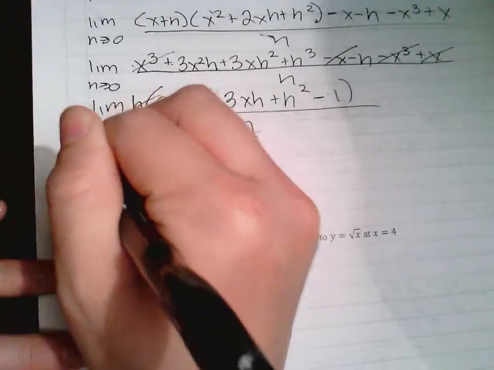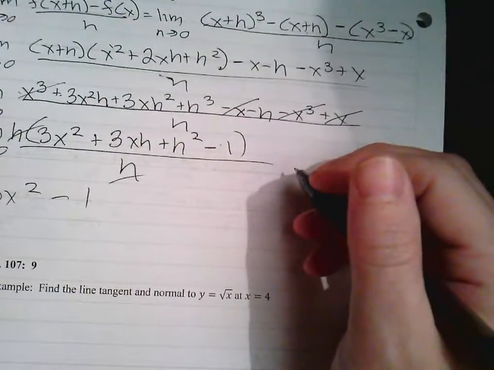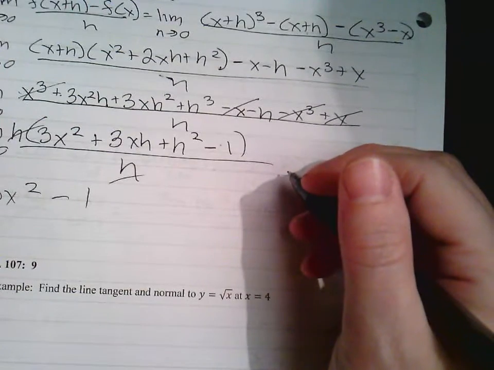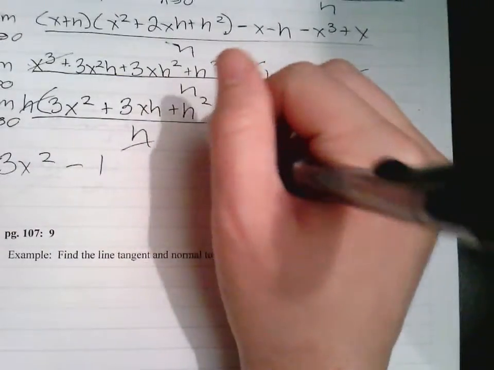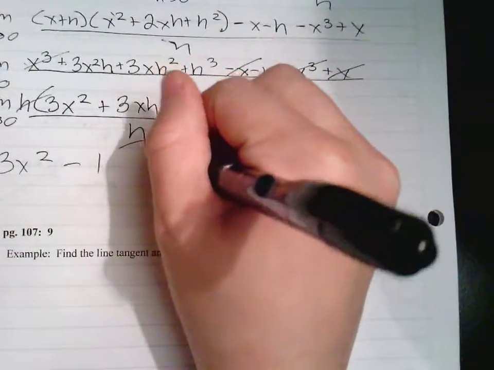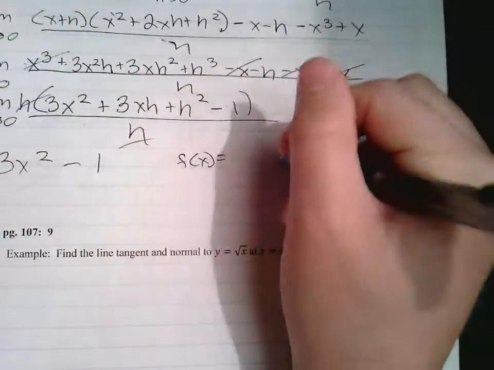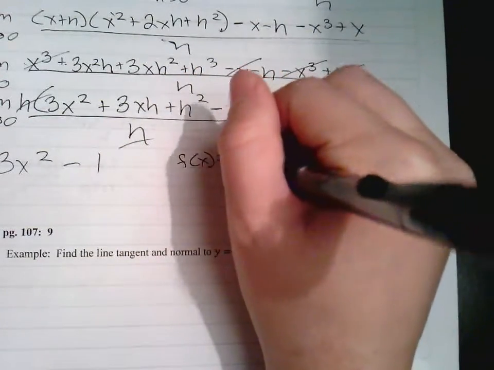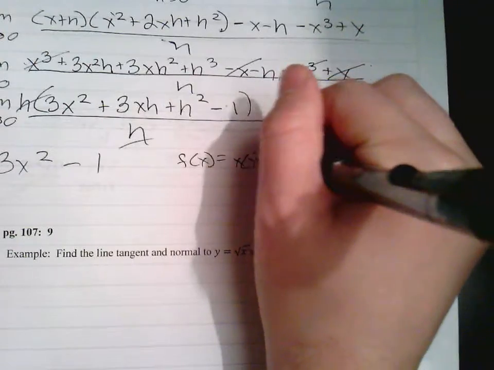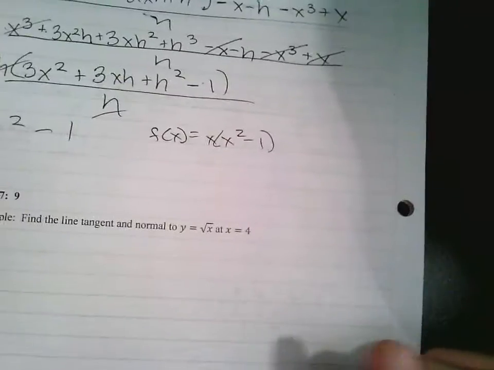Okay, so now we're going to graph it. Alright, so we're going to graph f and f prime. So f of x, I'm just going to find the zeros. That's going to be x times x squared minus 1. So it's going to have 3 zeros.